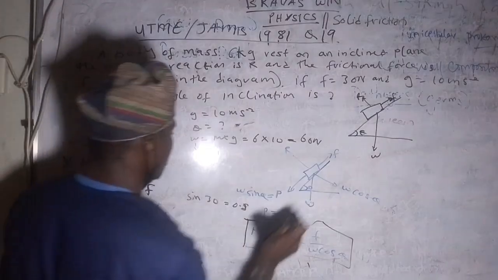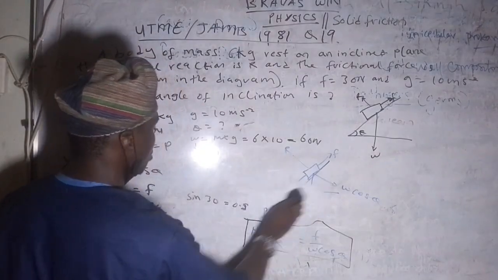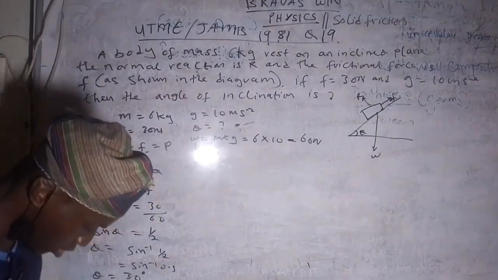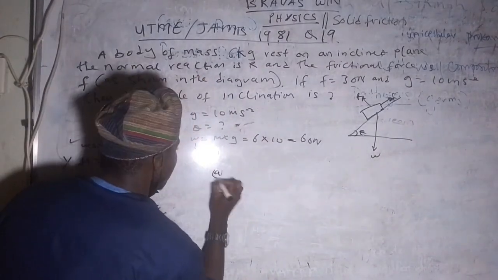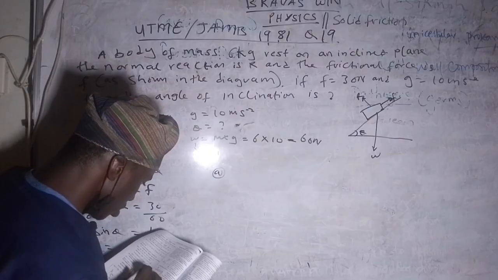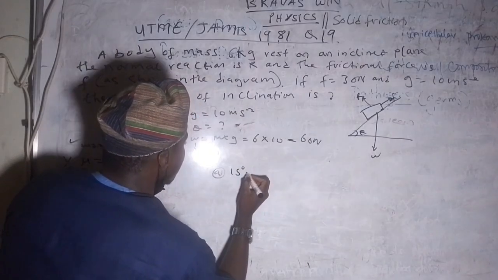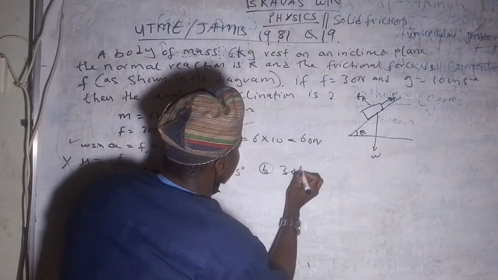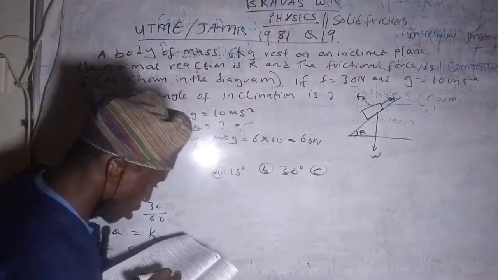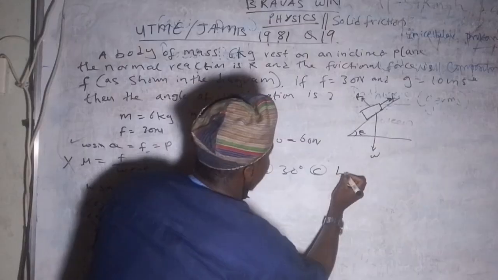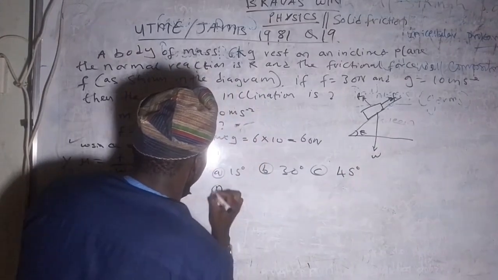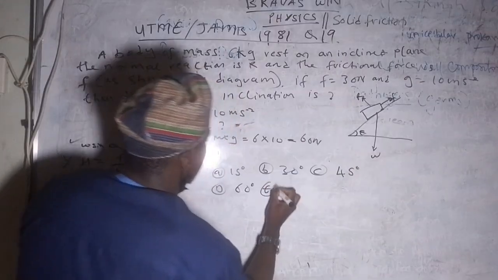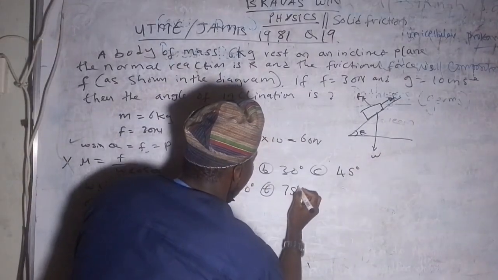So the options are: A is 15 degrees, B is 30 degrees, option C is 45 degrees, option D is 60 degrees, option E is 75 degrees.